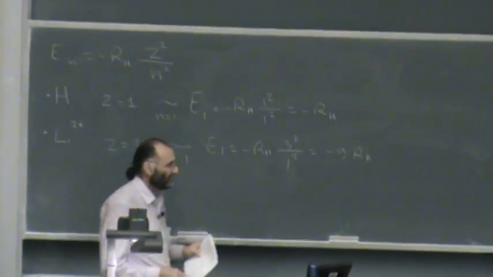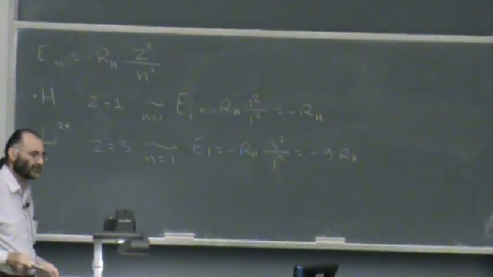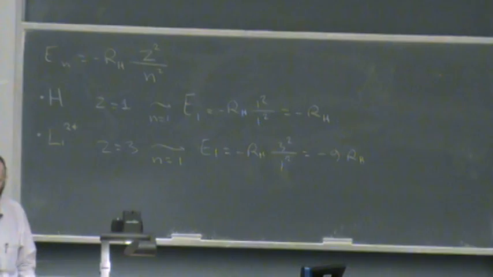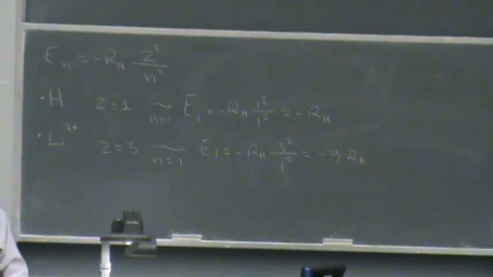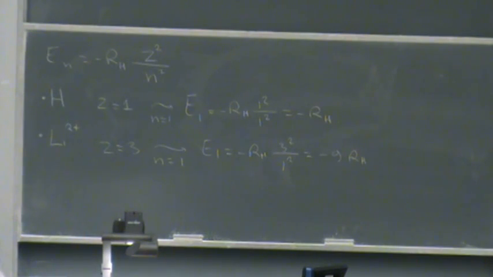If the problem was only asking how many times one is larger or smaller than the other, we wouldn't have to do any calculations or put in any numbers. We just take the ratio. RH and RH go away, it's the same number, and we have the answer. But it's actually asking more than one question. It says calculate the energy in joules, and then how many times it is lower or higher compared to the energy of the electron in the hydrogen atom.